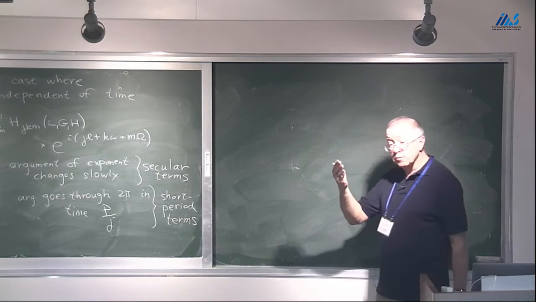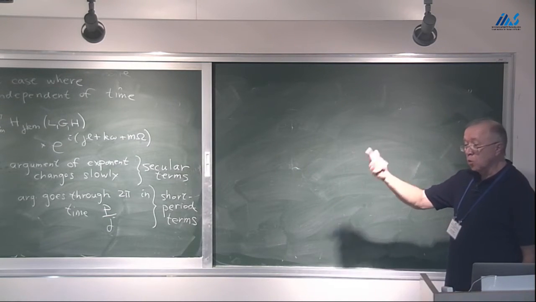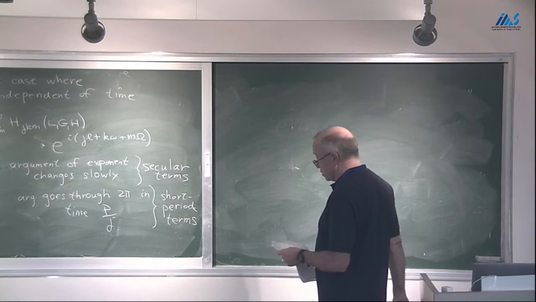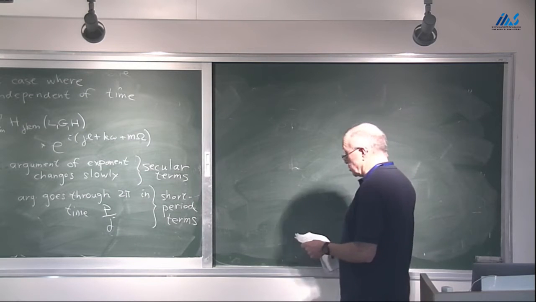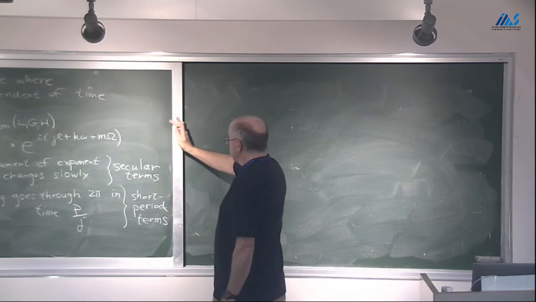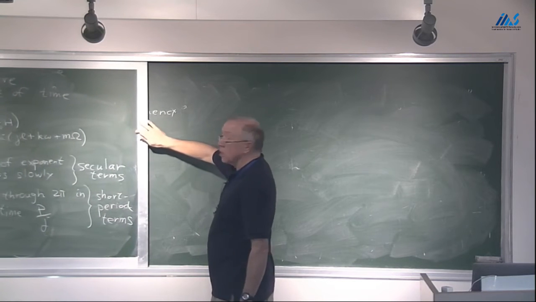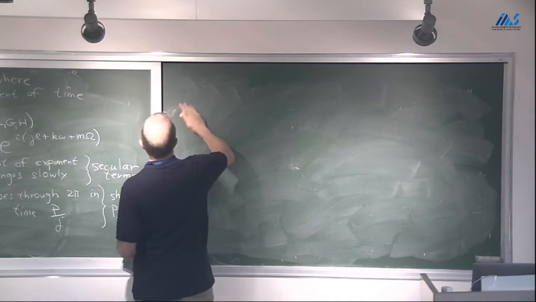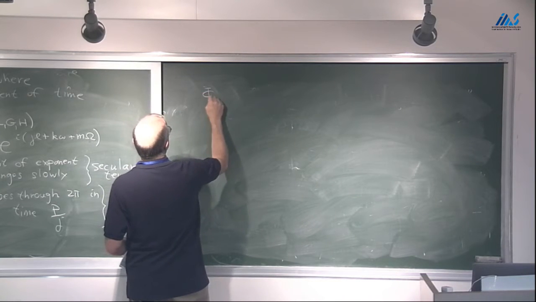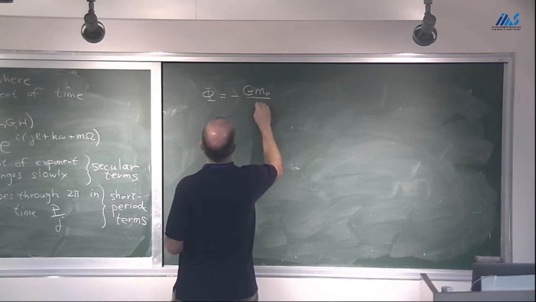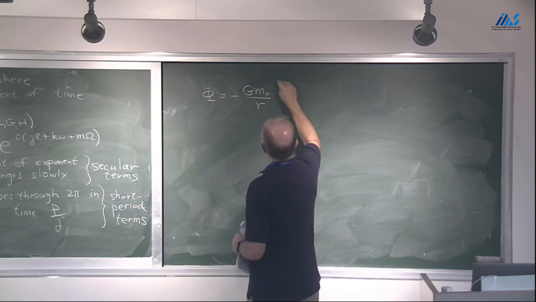The prototype to have in mind is, say, a low Earth orbit communications satellite orbiting around the Earth. And the main perturbation there is the fact that the Earth is not spherically symmetric. So the gravitational potential from the Earth, or say from some planet, is minus G times the mass of the planet over the radius.